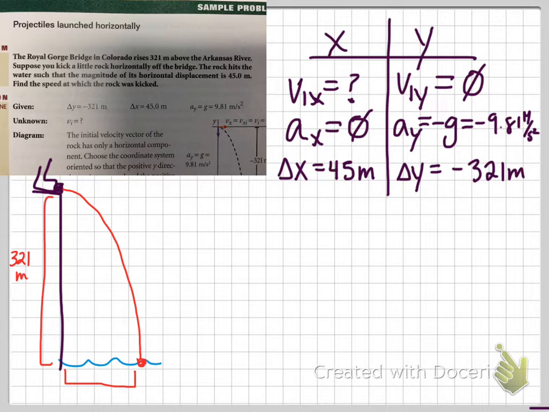So here's the challenge. We got two axes. We got variables on each axis. Could we write an equation for the motion on the x-axis using the four golden equations that we've got? Sure. So I have v_ix, which we know is also equal to v_avg,x and v_fx because there's no acceleration.